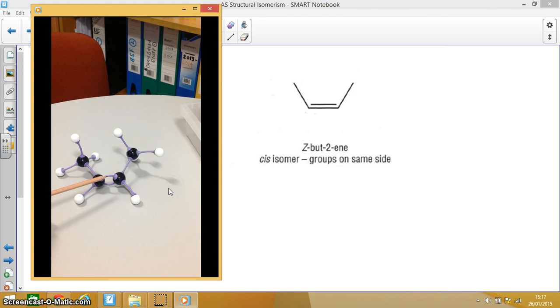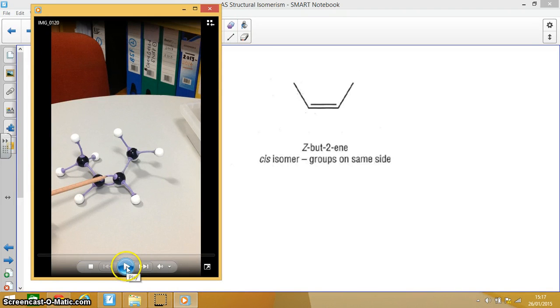So now if we look at the cis configuration, or Z-but-2-ene, with this three-dimensional diagram model, you can see again but-2-ene because the double bond is between the second and third carbon of a 4 carbon long compound, hence but-2-ene.